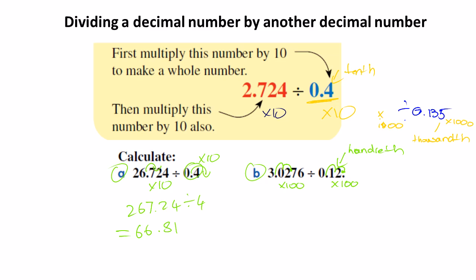So what I've got is 302.76 divided by 12. Again, I'm not going to do the short division just to save on time, but I've been through that, so you know the process you need to do for that. And my answer for that would be 25.23.